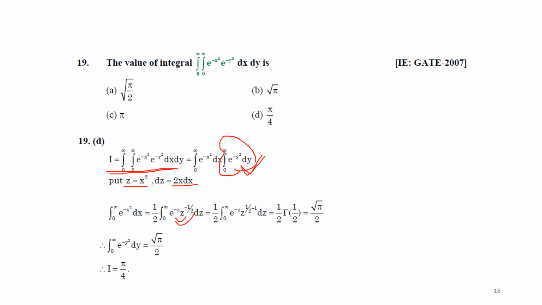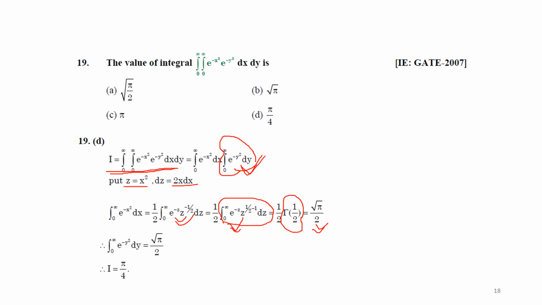Now if you simplify more, you have to integrate from 0 to infinity. And if you remember the gamma function, this value is nothing but gamma 1 by 2, and gamma 1 by 2 is nothing but root pi. Understood? Root pi by 2.